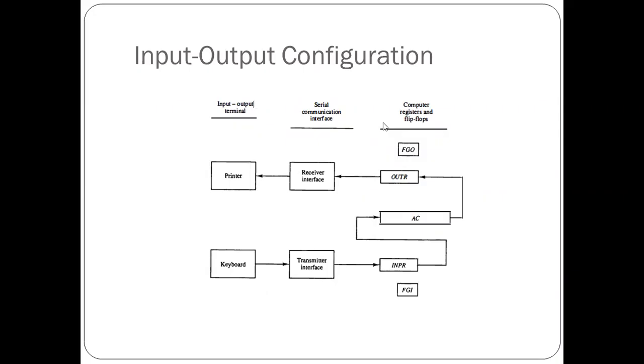Many types of devices are there, so let us talk about a simple input device like a keyboard, or a simple output device like a printer. These two are the input and output terminals. The keyboard will send the information and the printer will receive the information serially.